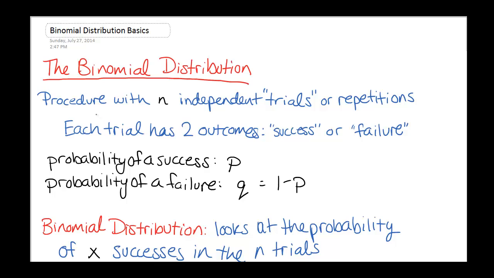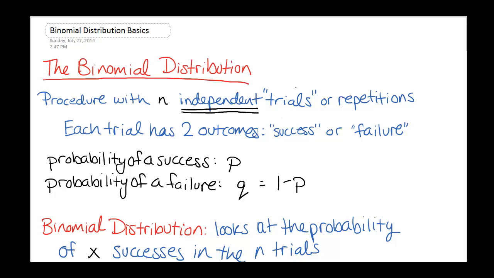In the binomial distribution, we're looking at some kind of procedure with n independent trials. So n is some fixed number, say 10 trials, and the trials are repetitions of some kind of process. Independence is an important piece here.